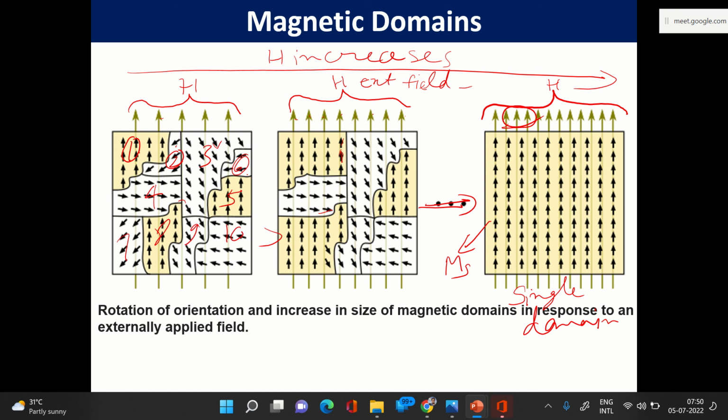So initially you started with 10 domains, then 1, 2, 3, 4, 5, 6, 7, 7 domains, and finally only one domain you have. So this is what happens.